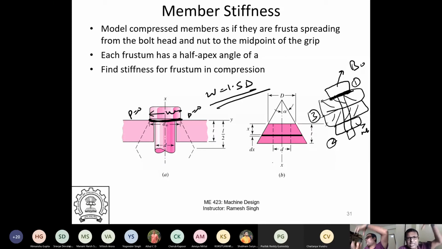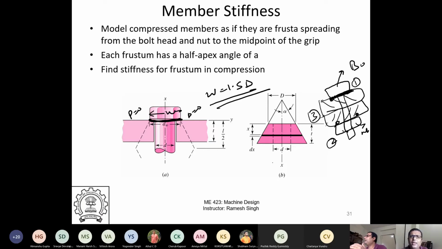Both are compressing by equal amounts. So your pressure should be maximum at both locations. Imagine my bolt head and my nut having the same footprint, maybe same diameter. If I have the same cross sectional area, then it will pretty much be symmetric, right?